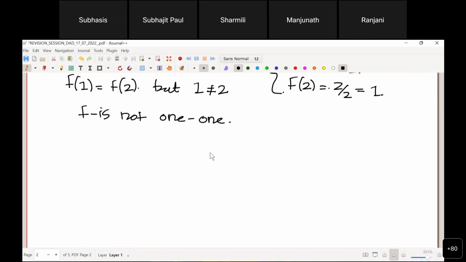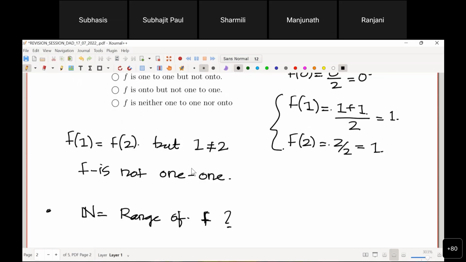So basically, we need to check whether n is the range of f or not.